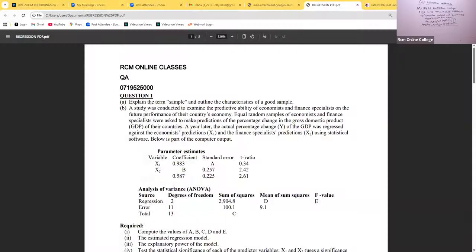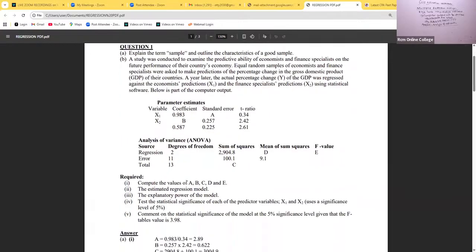So this is how your exam, Advanced MA, will look. This is quite an old question. It was a quantitative analysis question, but very relevant to you. Forget about part A. For part B, they want us to compute the values of A, B, C, D, and E. Then number 2, they want the estimated regression model.